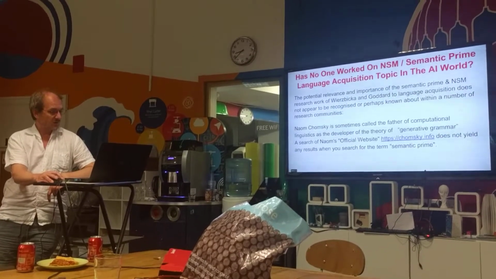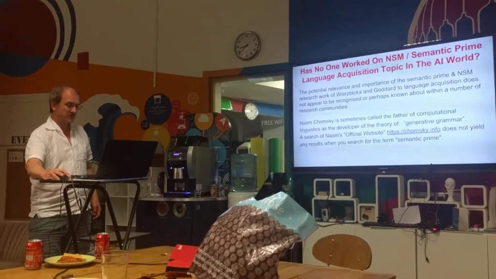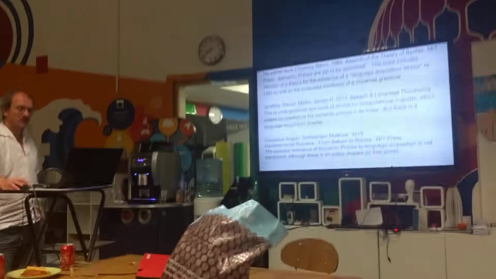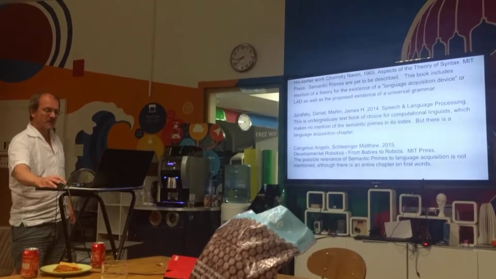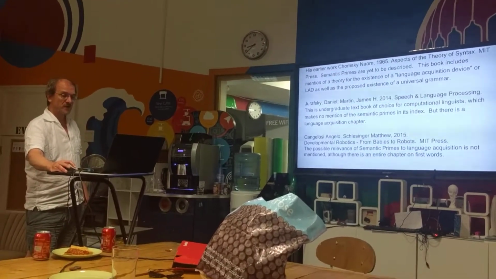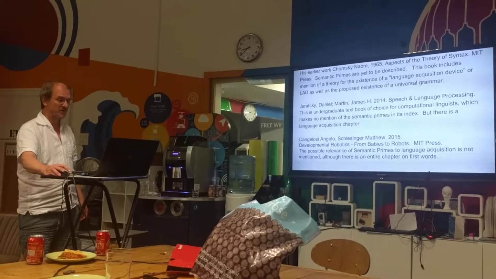How well is this stuff talked about? Well, Chomsky said that we needed a language acquisition device, something inherent that we are born with, but there hasn't been much explanation of what actually goes into it. The standard textbooks for computational linguistics don't mention semantic primes.